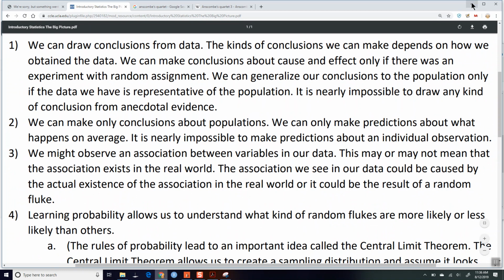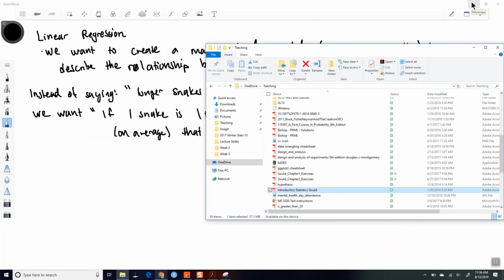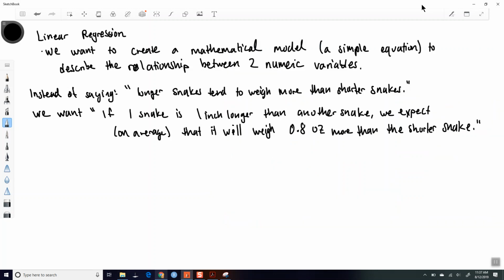So if we're talking about an individual snake, an individual person, it's really hard to make a prediction about that one person. But on average, snakes that are 16 inches long, we expect them to weigh 0.8 ounces more than snakes that are 15 inches long, okay? All right, so this is what we want to get to.